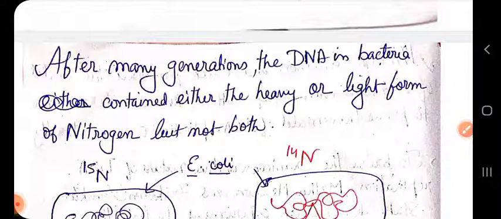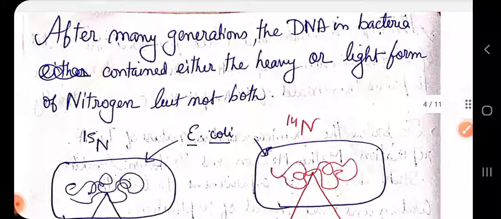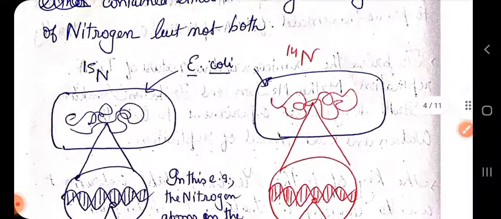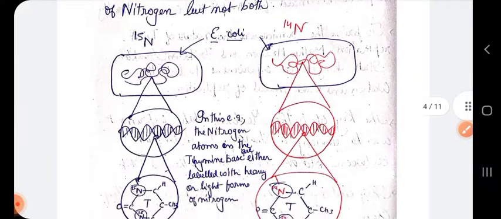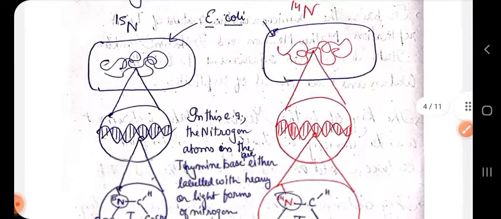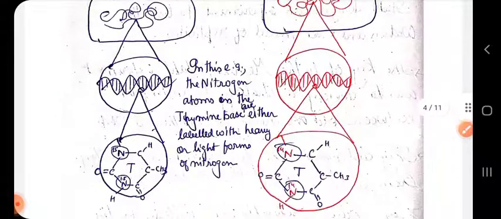So ultimately the E. coli bacteria will take that heavy nitrogen as their sole nitrogen source. So the DNA is labeled in the heavy or light form of nitrogen. You can see the E. coli bacteria that I have shown in the diagram. It was actually blue in color, but it becomes black now. So you can see, labeled with N15, their DNA all gets labeled with heavy isotopes of nitrogen.